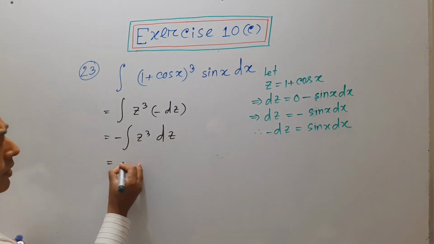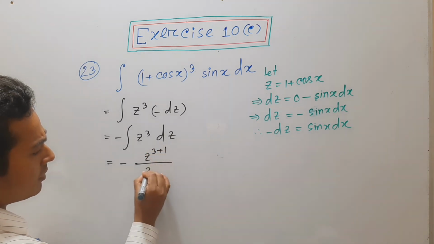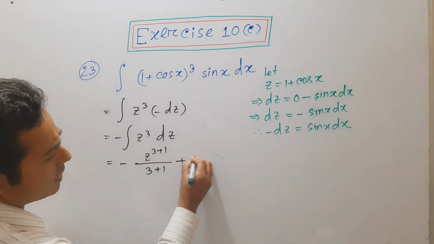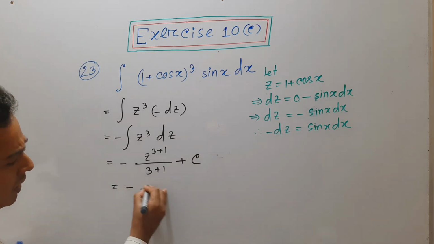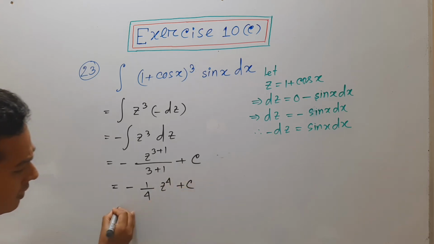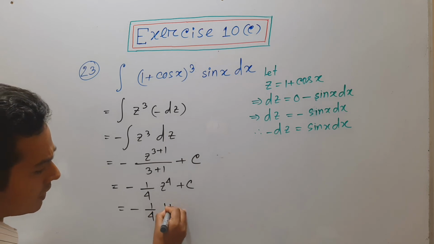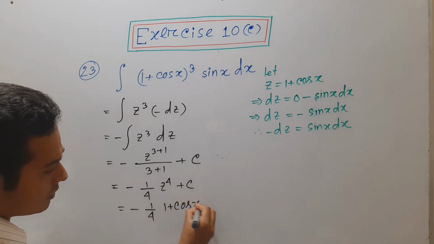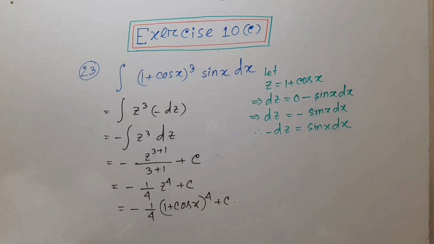Now by the formula we can write z to the power 3 plus 1 divided by 3 plus 1 plus integral constant. So minus 1 by 4 z to the power 4 plus c. Here z is equal to 1 plus cos x. Okay, this is our answer.